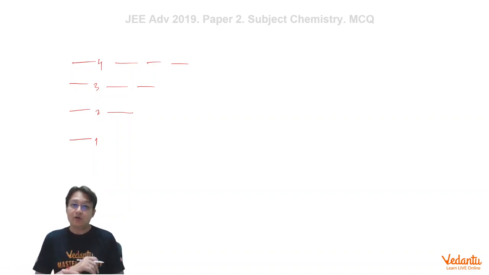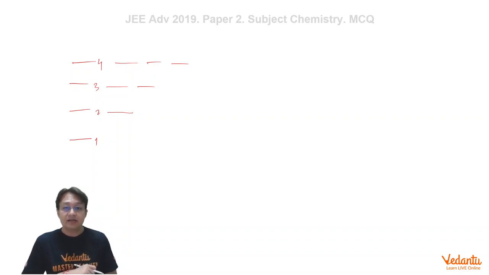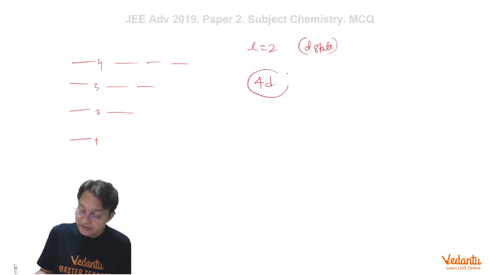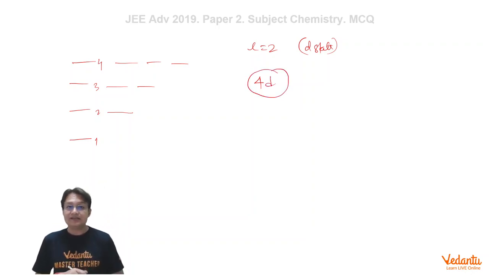That's the speciality of a single electron species, that in a shell all the subshells are of the same energy. And it has been given that L is equal to 2. L equal to 2 means D state. So we come to know that this is a 4D state. So of course option A is correct.